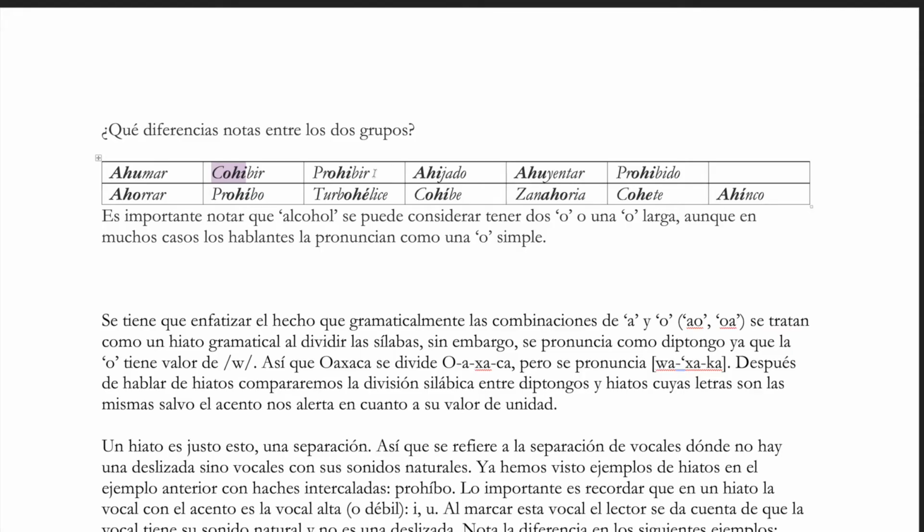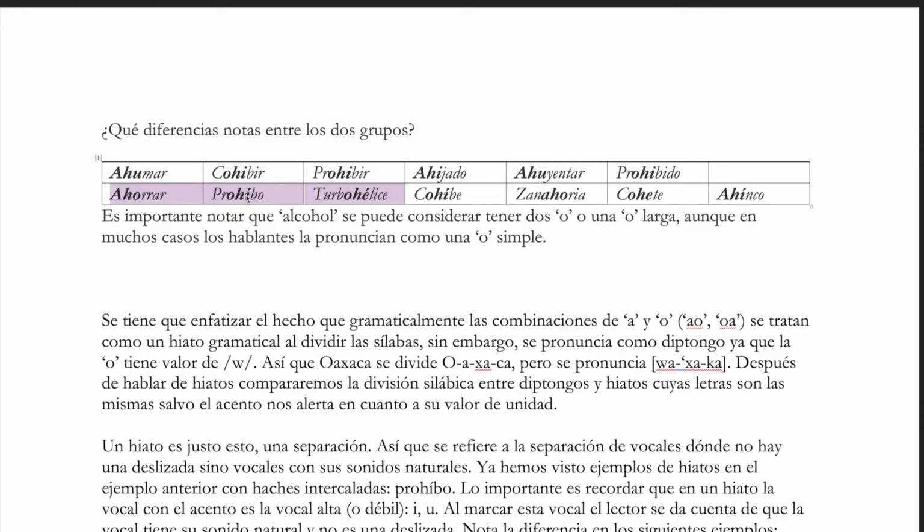I've never heard anybody say prohibir or prohibir. Some people might enunciate, though, so actually I'll take that back. Maybe I have heard some people enunciate prohibir. But usually it's going to be a diphthong. So the top ones are going to be diphthongs as opposed to the bottom ones, which will be divided up. So ahorrar, but you might hear ahorrar.